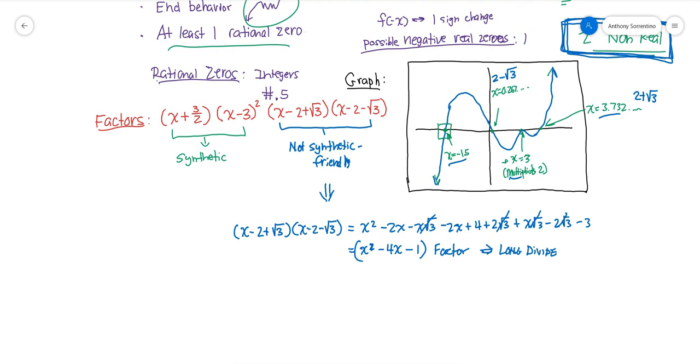Whereas if I factor out these three factors, including the 3 twice, with synthetic, I'll be down to a degree 4 polynomial. And when I divide that by a degree 2 polynomial, that's far fewer steps. So that's the route I'm going to take with this.